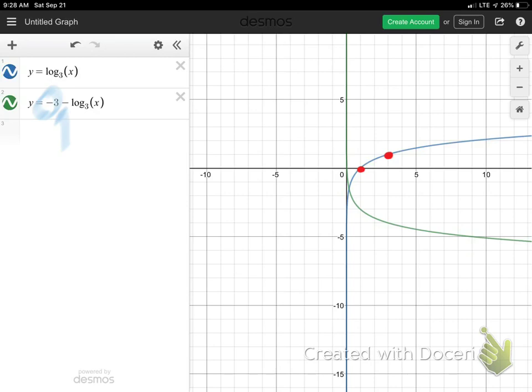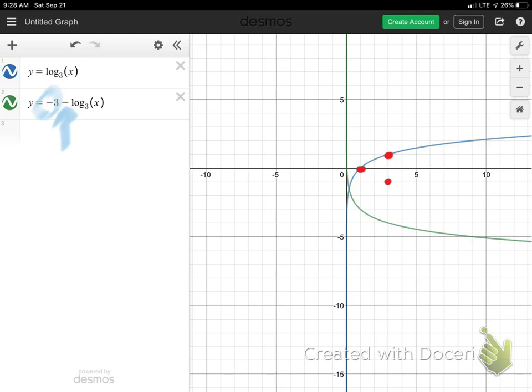The first thing that we've got to address is the reflection. So our point 3, 1, when we reflected it, we got this point right here. So if you remember, when we reflected it, our 3, 1 became 3, -1. Now, this point stayed the same.